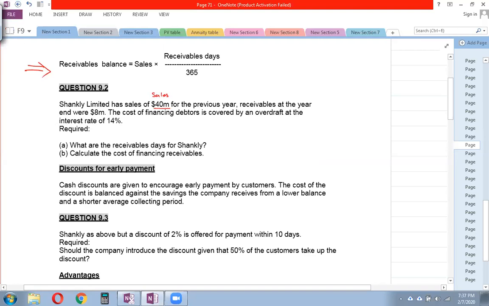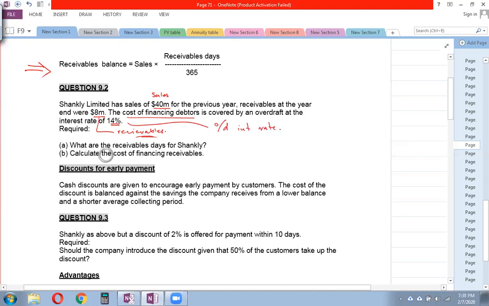Receivables at the end were 8 million, right? Receivables are 8 million. The cost of financing debtors, or the cost of financing receivables, is covered by an overdraft at an interest rate of 14%. So this is the overdraft interest rate.